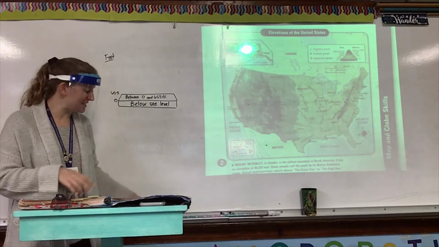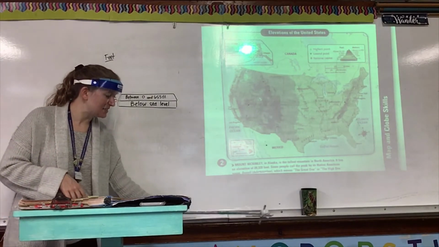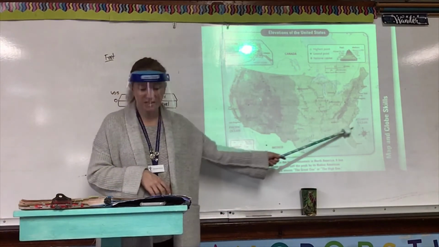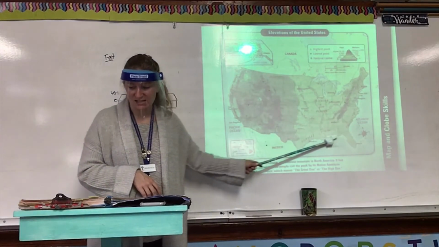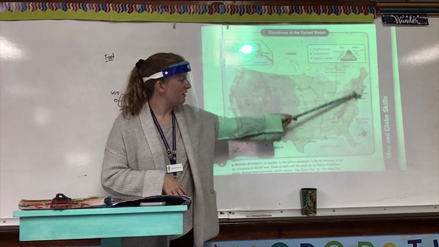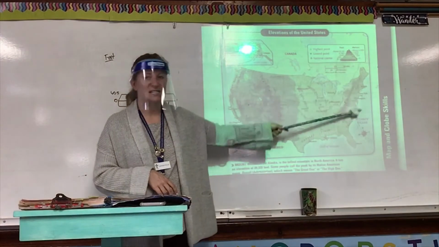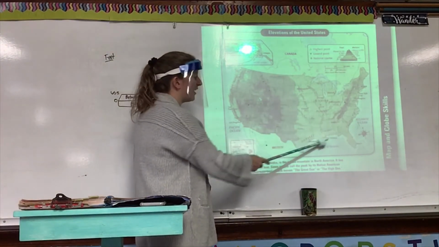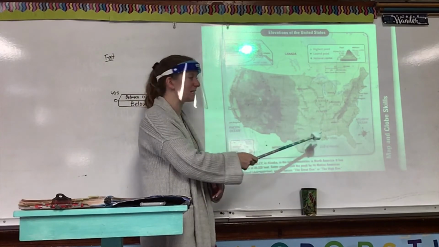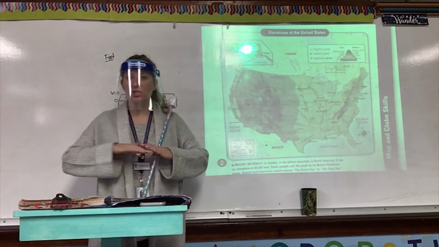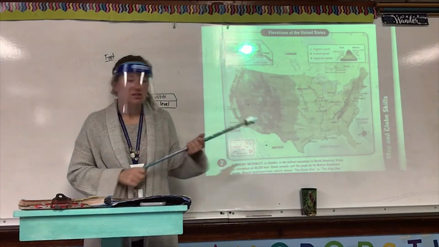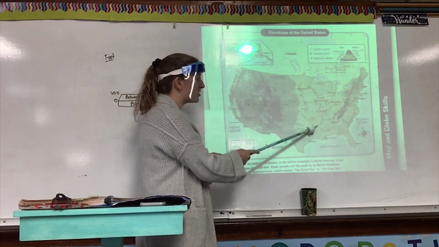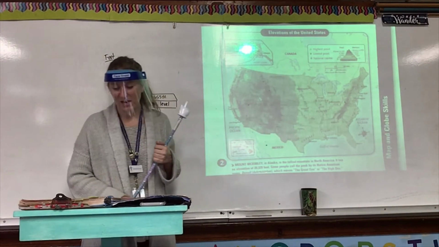So look at the southeastern United States. Look at the southeastern United States. And right along the eastern coast of the United States, it's all green. We know that we call this area the plains. Plains are usually flat and grassy. So now we can see, well, the elevation really does show that it's flat and grassy.